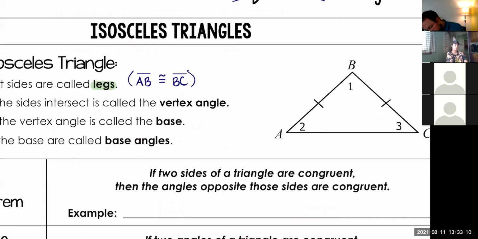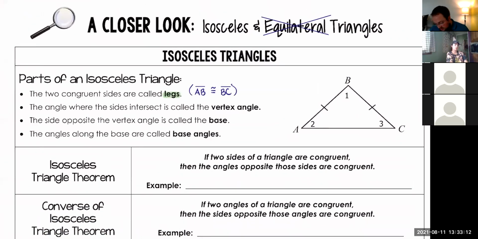Those are my legs. The angle where those two sides intersect is called the vertex angle. So the angle formed by those two sides in this case is angle 1. The side opposite the vertex angle is called the base.